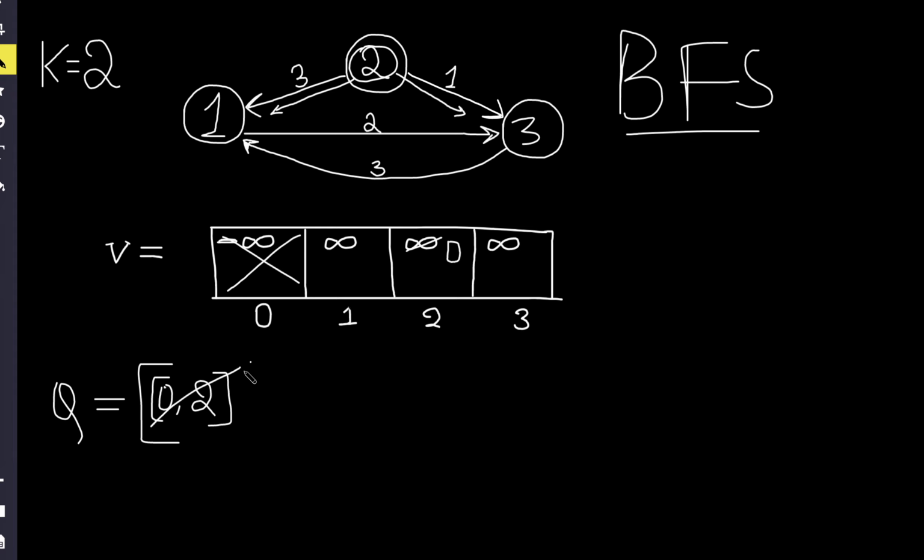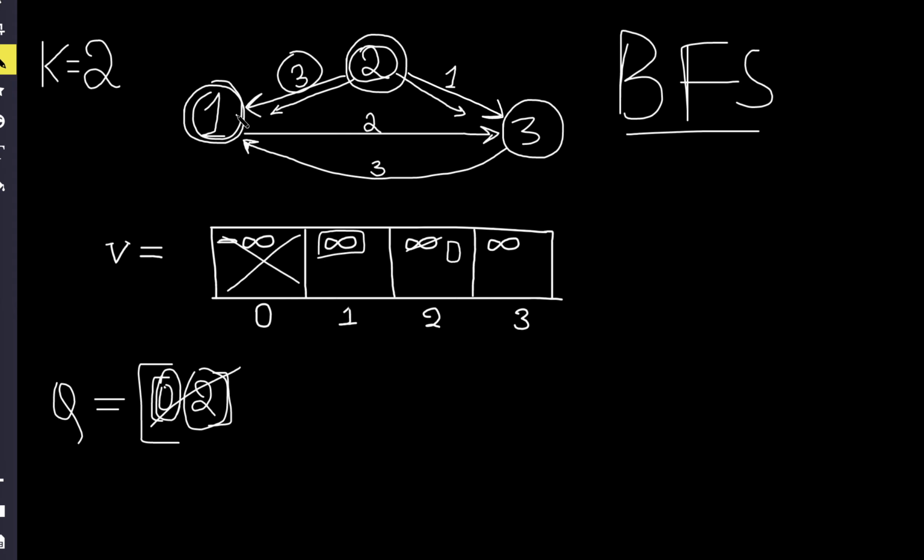Now how we will think is, we are at 2. To reach 2 itself, we spent 0 time. So from that 0 time, to reach 1, we have to spend an additional 3 time. So that will be 0 plus 3, that is 3. We will check in the visited array whether the value present there is already lesser than the value we are trying to reach with.